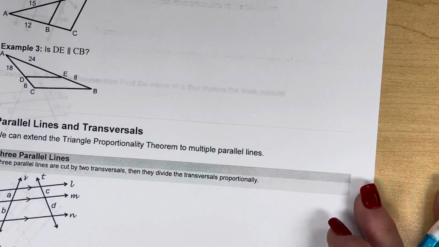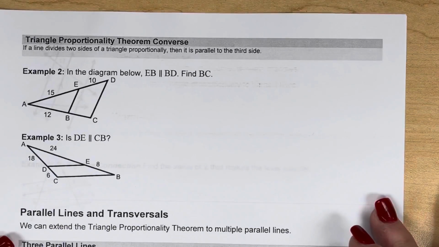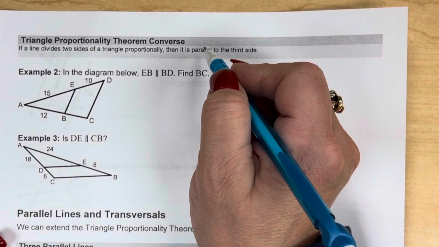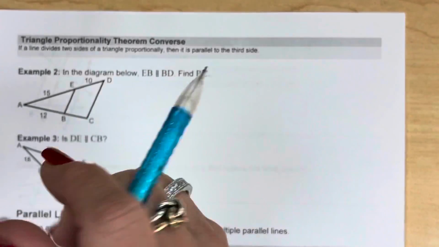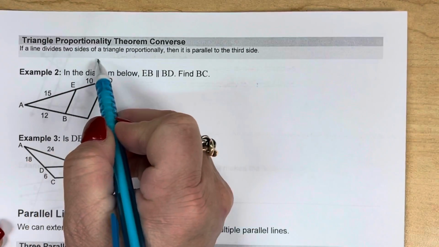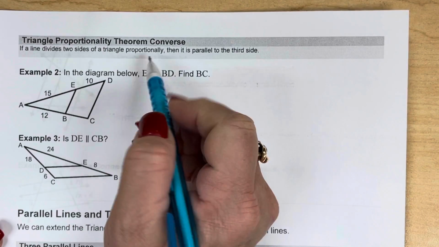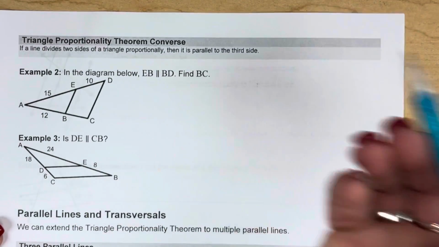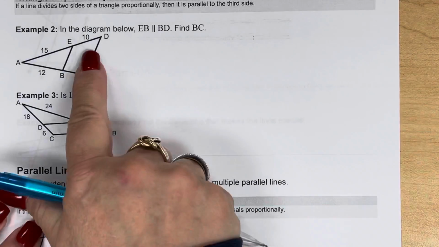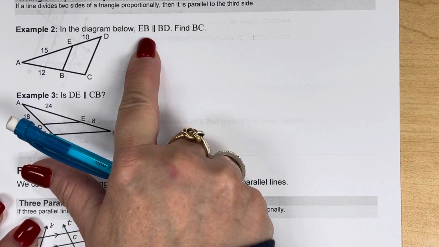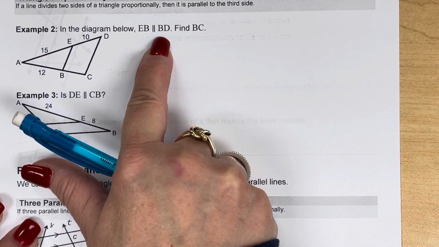Now the triangle proportionality theorem does have a converse of that. And it simply says, remember, converse just kind of switches the order. If a line divides two sides of a triangle proportionally, then that lets you know that the line is parallel. So, for example 2, it tells me in the diagram below, EB is parallel to CD.